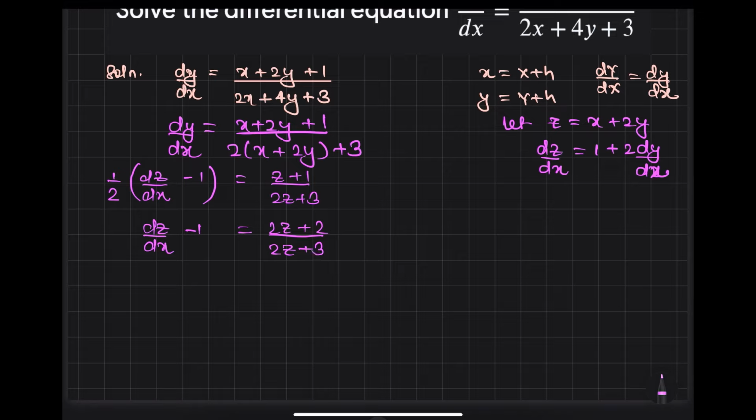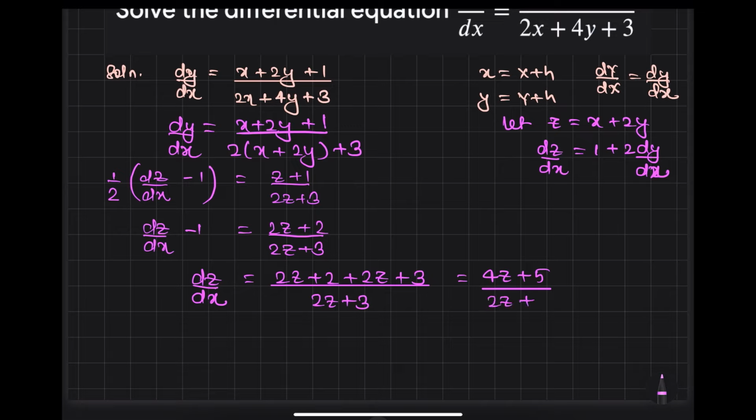Now we send this 1 to that side. So we have dz by dx equals (2z plus 2 plus 2z plus 3) upon (2z plus 3). Now we can write this as (4z plus 5) upon (2z plus 3).